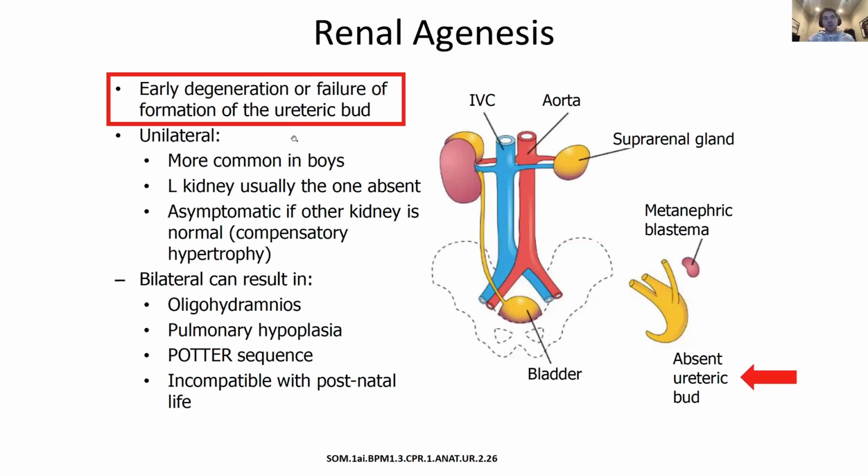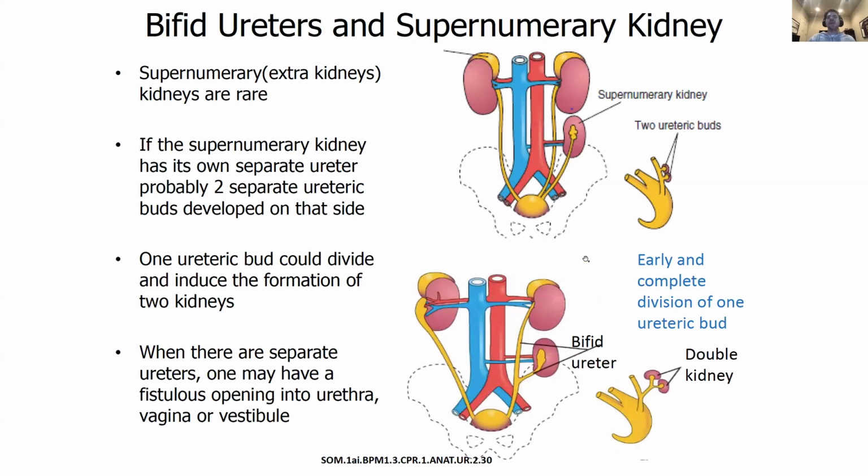But for right now, I want you to remember that this uteric bud has to form first, right? And then the kidney is going to grow off of it. Now, when it comes to that, they can give you two different scenarios. They could give you a question where they use retrograde dye and shoot it up retrograde into the ureters, and you want to ask yourself, does it actually have two ureters coming off of the bladder?